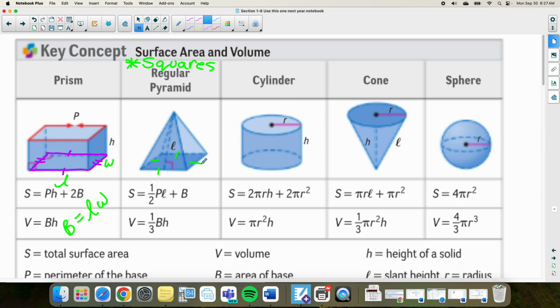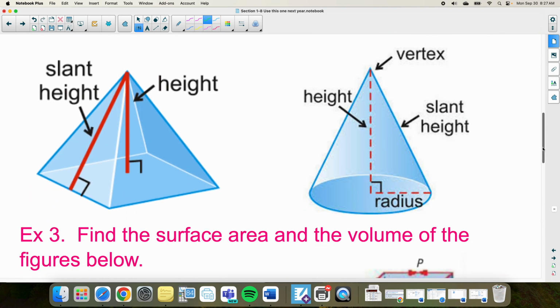And then we talked on Friday about the fact that a pyramid has 2 different heights. We have a height that goes from the center to the middle of that bottom base, and we call that H for height. And then we have a slant height that's on one of the triangles.